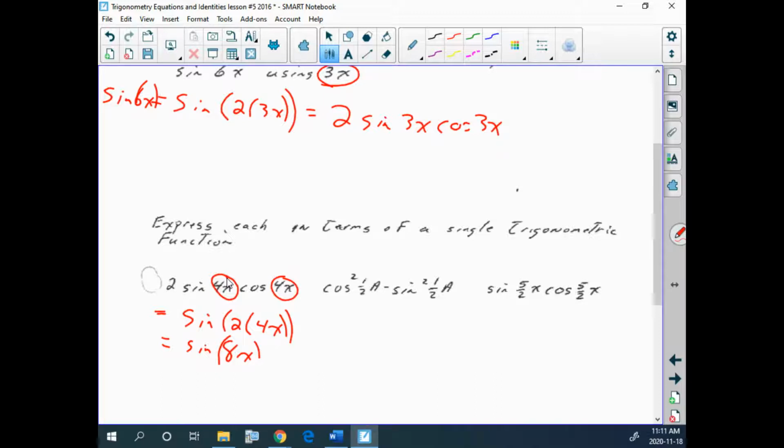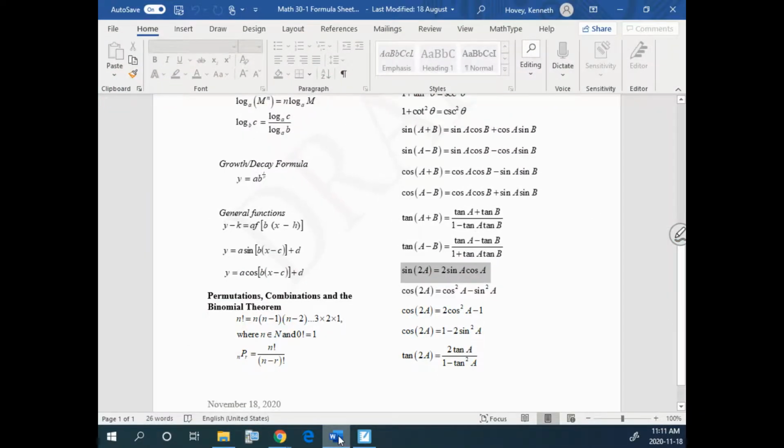Now, we're also going to do this with numbers too, but that's simplifying. Now I've got cos squared of an angle. Our angle is 1/2 a, minus sine squared of an angle. Cos squared of an angle minus sine squared of an angle.